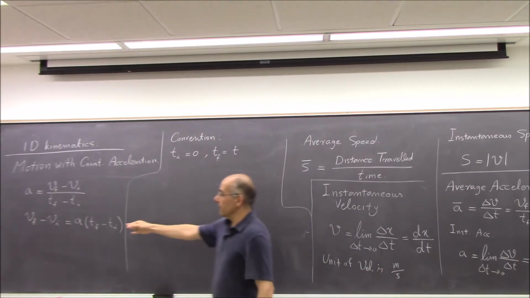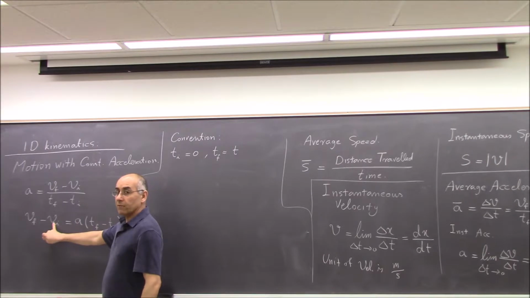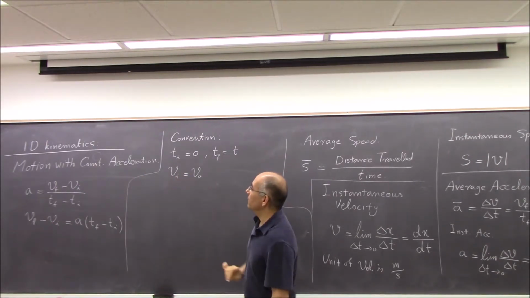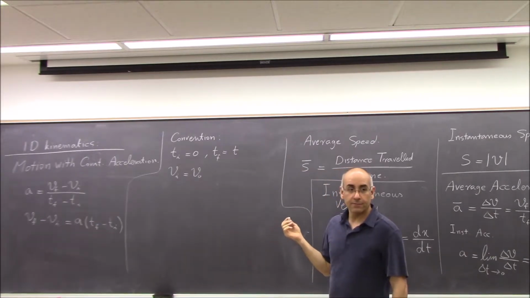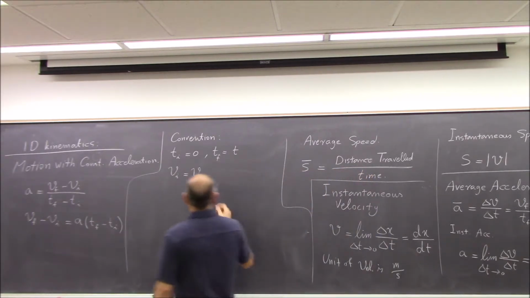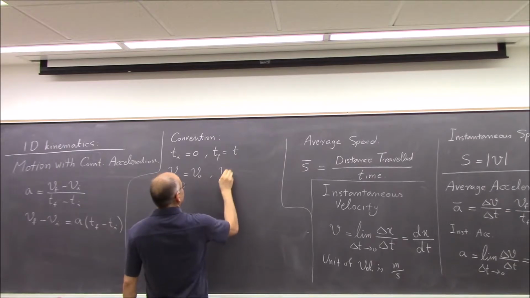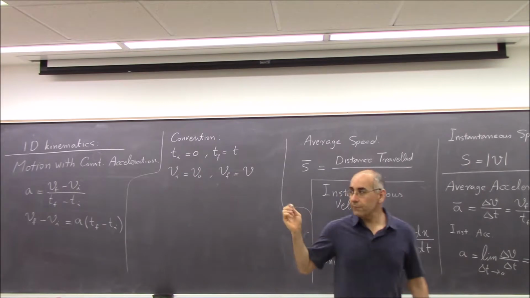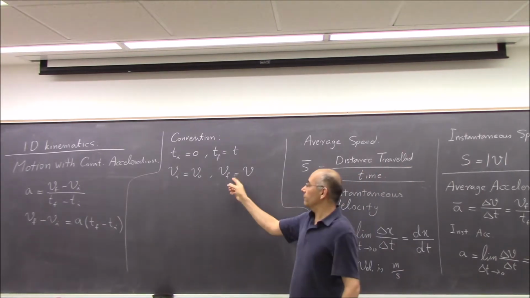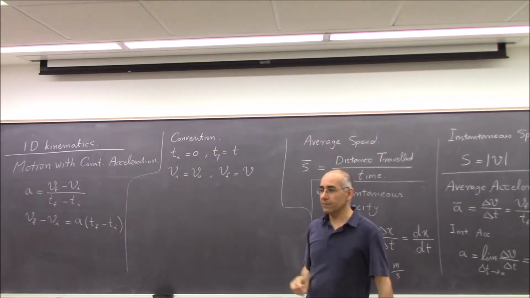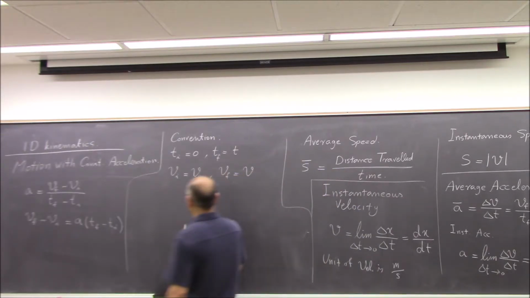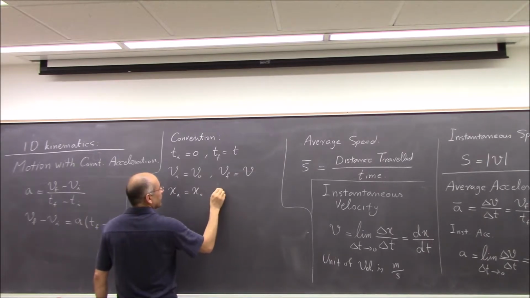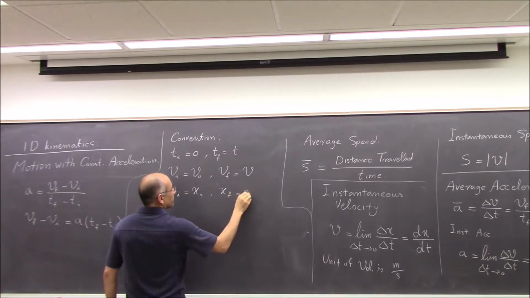That simplifies this equation. Also, we call v initial v naught, or v0, and for v final, we just call it v. For initial we have index 0, and for final, just without an index. That makes it simpler. And also for x initial, we call it x naught, and x final, we call it just x.